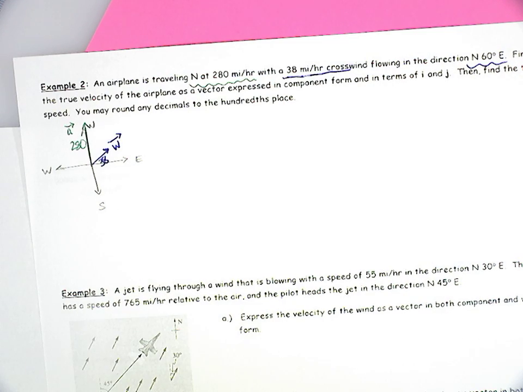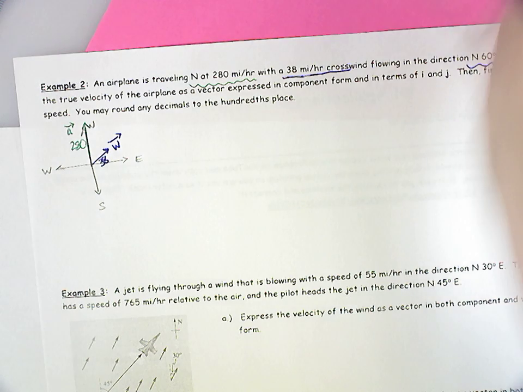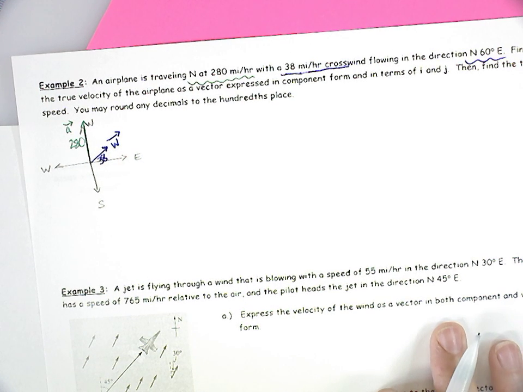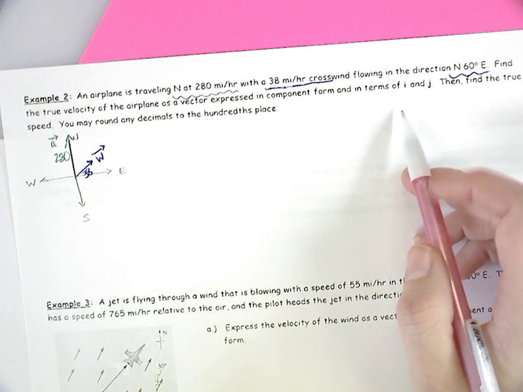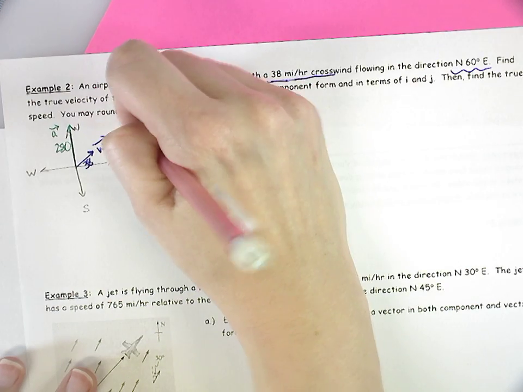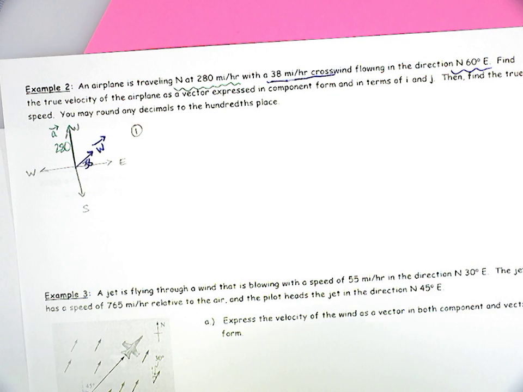Okay, so what we need to find is the true velocity of the airplane. And we want that as a vector expressed in component form and in terms of i and j. So first, let's recap what the true velocity is. The true velocity can be found by adding the airplane vector and the wind vector.